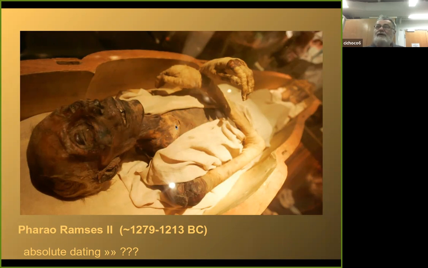But besides the problem that, of course, this is not possible, the body was mummified, not only with resins of those days, but also with some material which contains very old carbon. So it's petrol coming from the earth. And of course, then if you would take a sample of the skin or so, then even though it is a part of the body of the king, it would be a wrong date.